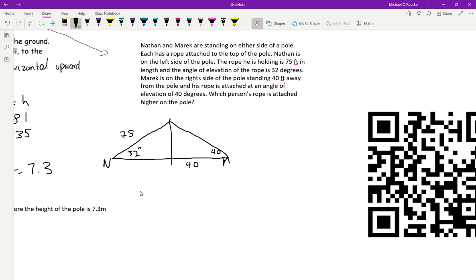So what I'm going to do is separate these two triangles, because I like to only look at one thing at a time. 32 degrees, 75, and we're trying to find this h right here. If I label everything, HOA theta, 32, my opposite is my unknown, h, and the hypotenuse is 75. So I know I'm working with sine.